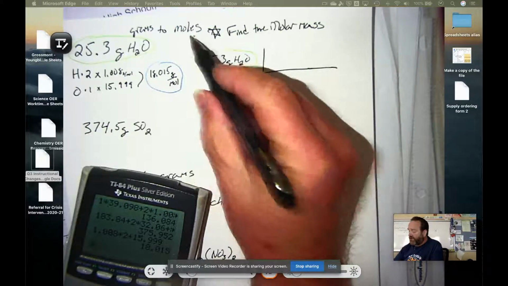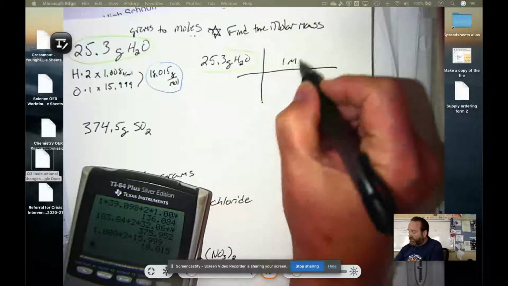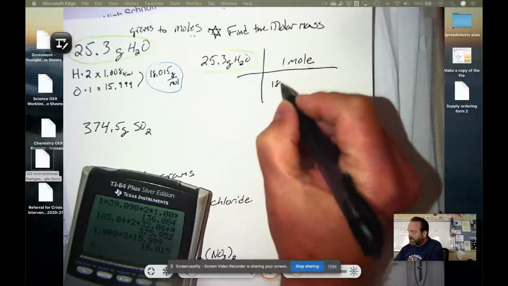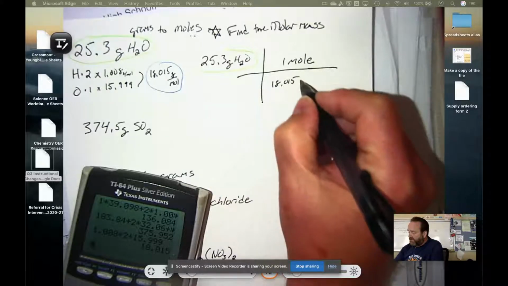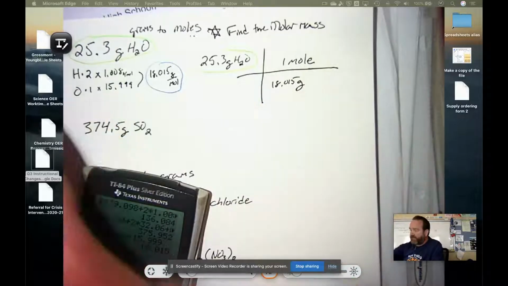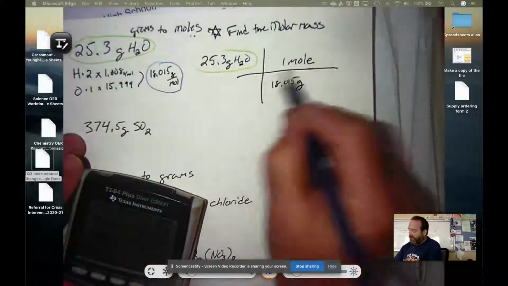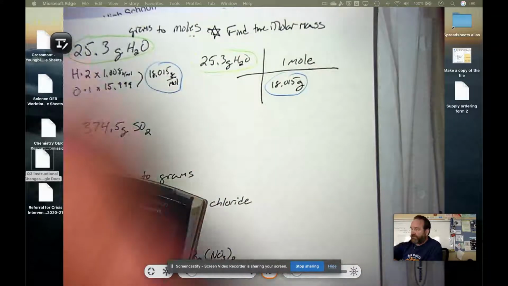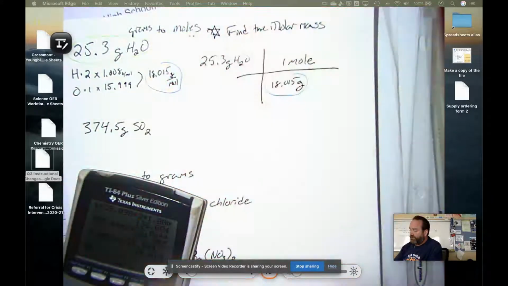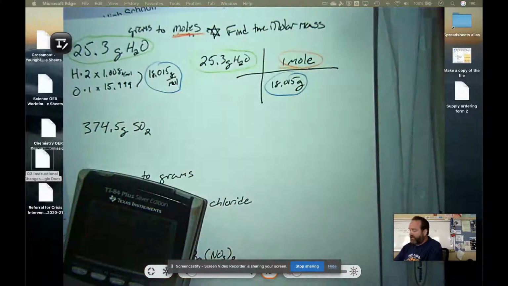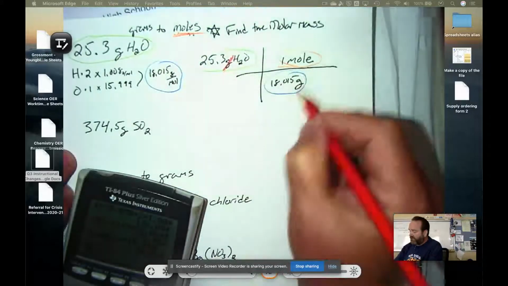So to get to what I want, how many moles, and to cancel what I've got, I want to cancel the grams. So notice I've brought in the molar mass to allow me to get to where I want to go so that I can cancel what I've got.